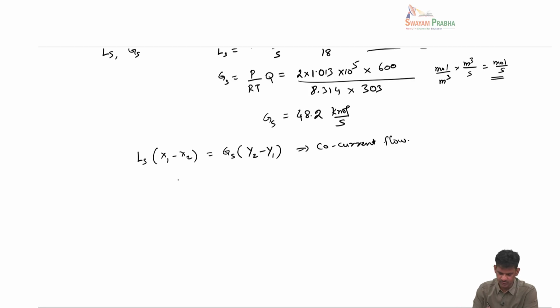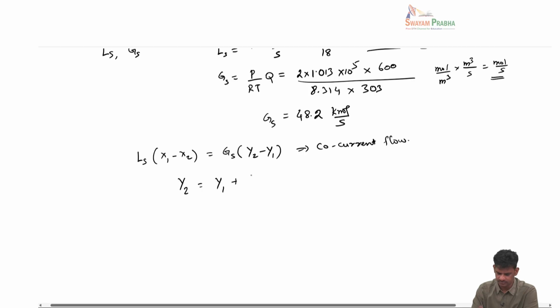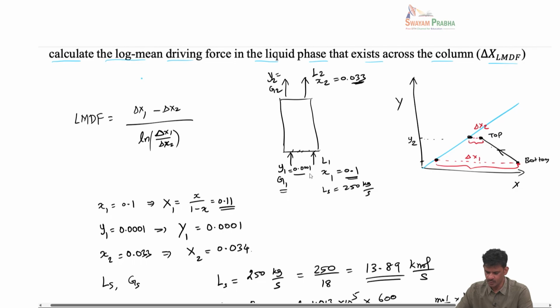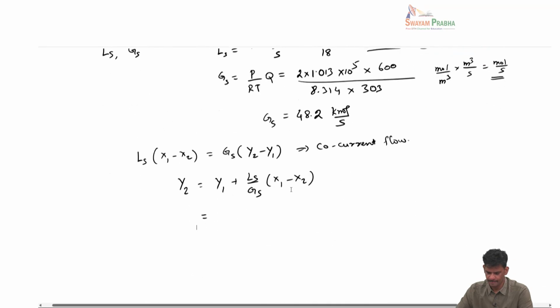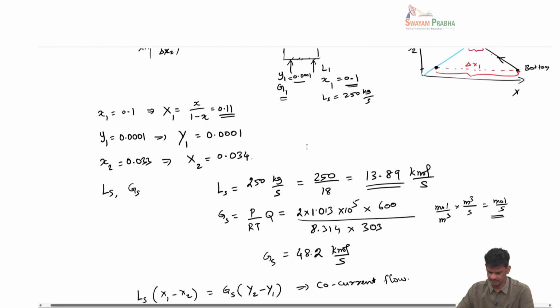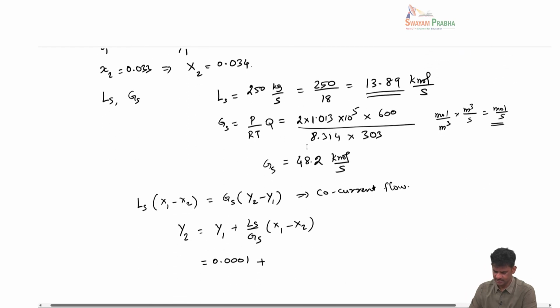From here we can solve for Y2. So Y1 is 0.0001, and then LS by GS, LS is 13.89, GS is 48.2.